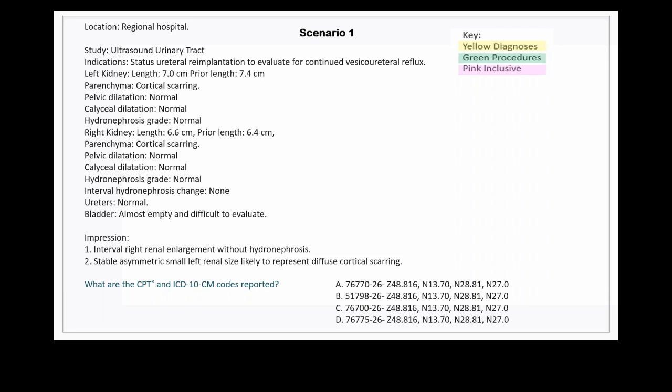Impression: interval right renal enlargement without hydronephrosis. Stable asymmetric small left renal size likely to represent diffuse cortical scarring. And coders, you have 2 minutes to solve.